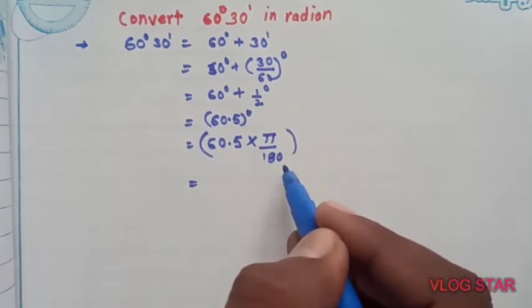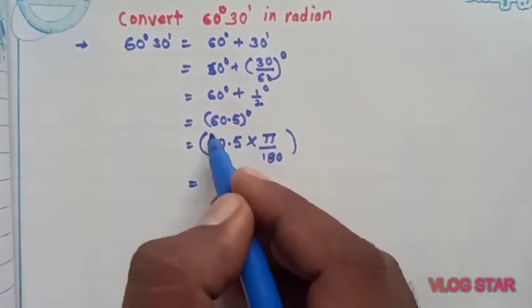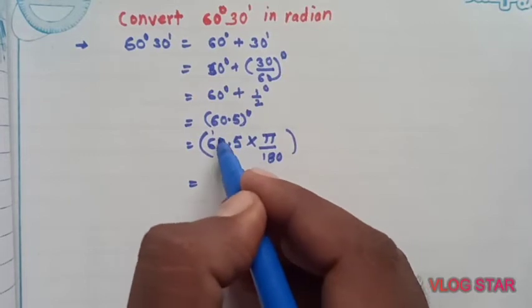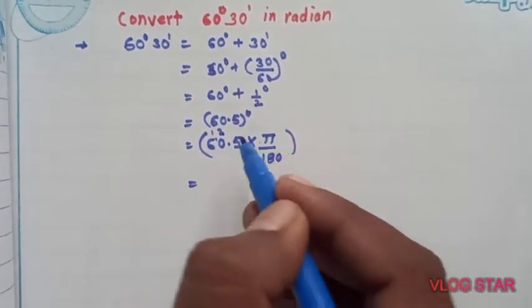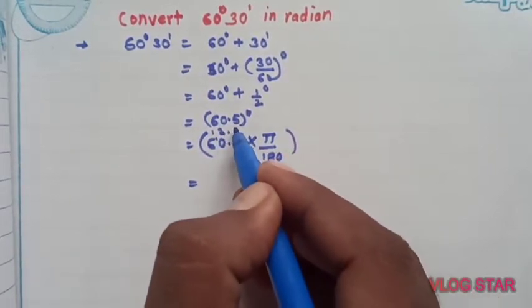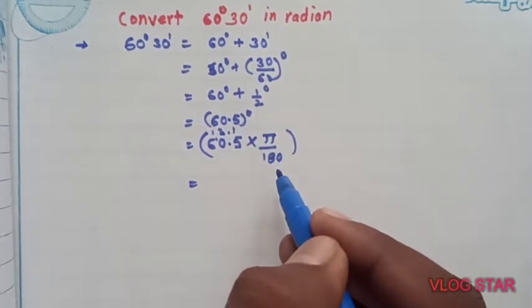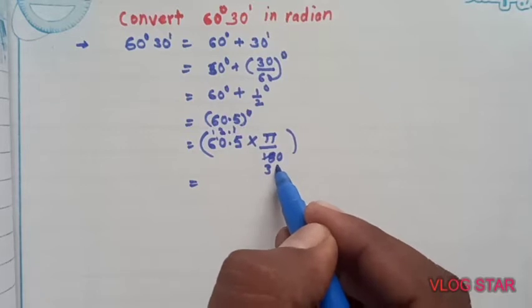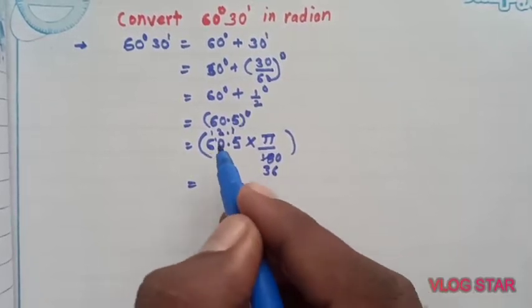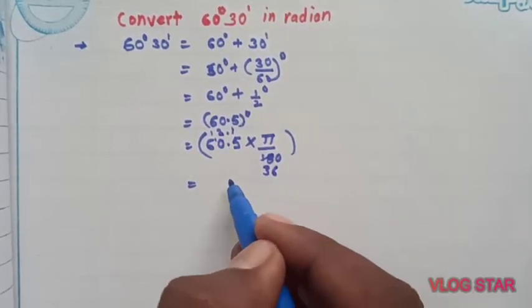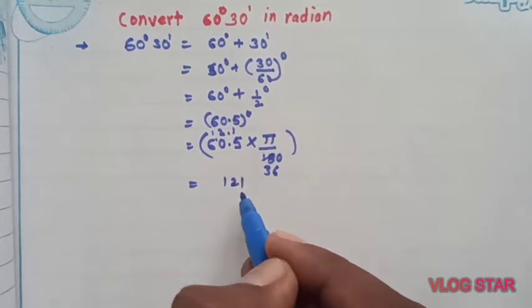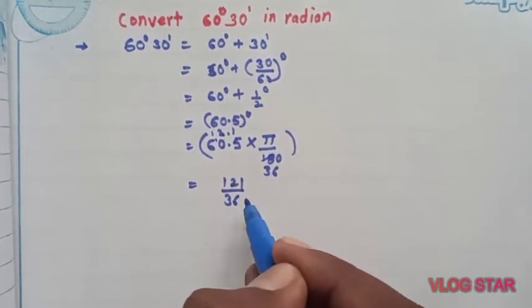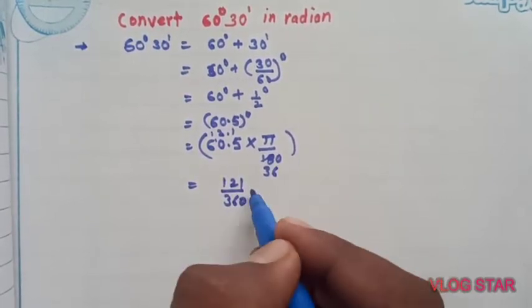Both are divisible by 5, so I can take 5 ones are 5, then 1 left, 5 twos are 10, and 5 ones are 5, and even this one, 5 threes are 15, 5 sixes are 30. So remove the decimal point, that is 121 upon 360 pi.